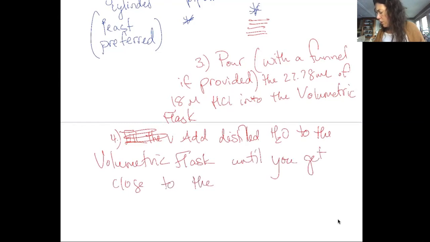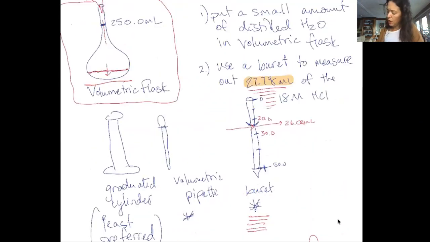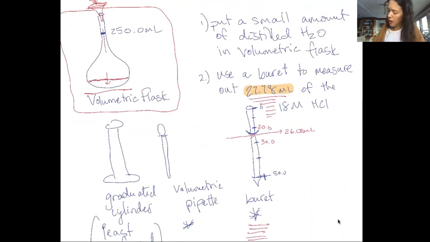And I'm going to be specific. What's the line? The 250 milliliter mark. So I'm going to add some water until I get close to that neck, because at this point it's going to fill up very quickly.